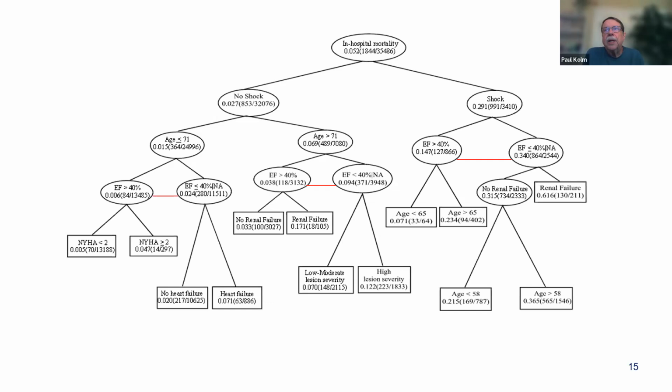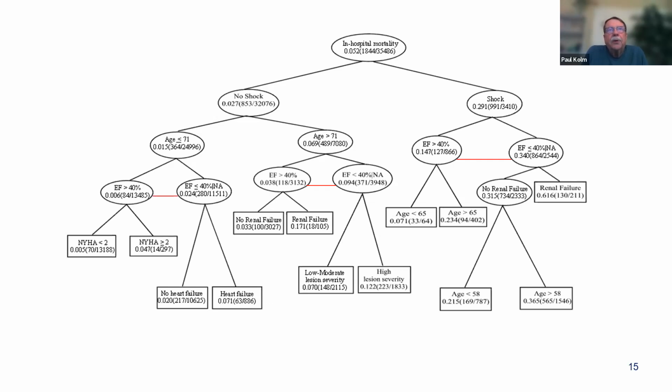And so from there, you can see that our branches split with different variables. For those that experience shock, we have another split on ejection fraction. Those who have ejection fraction less than 40% or missing, that's what NA means, of those remaining 34% experience in-hospital mortality, whereas for those greater than 40, only a little less than 15%.